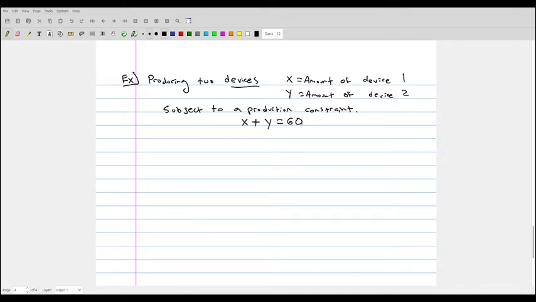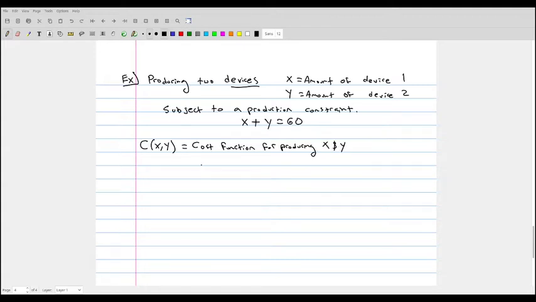Well, we can go through and directly apply our Lagrange method. We'll also suppose, for argument's purposes, that c of xy is the cost function for producing x and y.